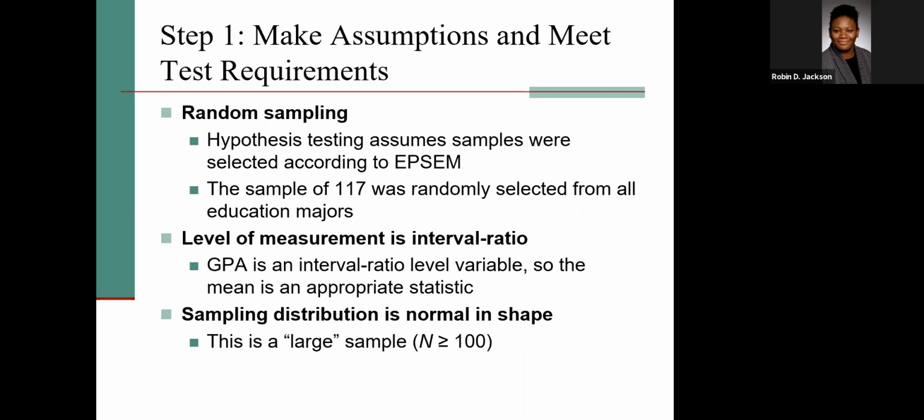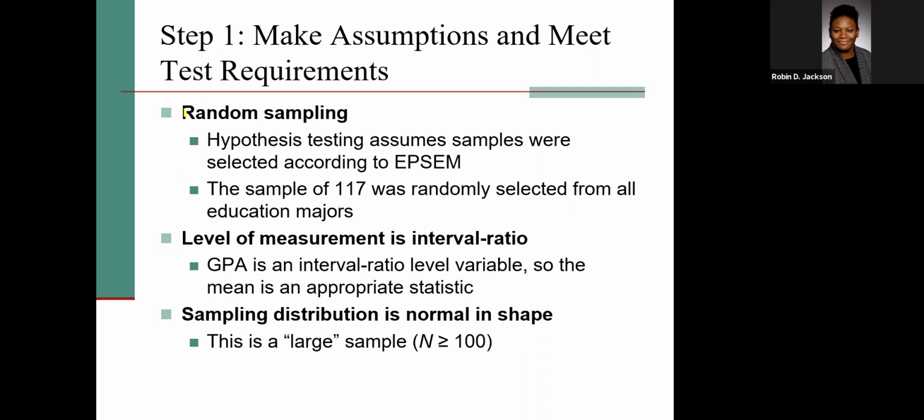Okay, let me back up. Step 1, you have to make these assumptions. There are 3 assumptions that you actually have to make when it comes to a hypothesis test. You can't just go out there and say, I'm just gonna go do a hypothesis test, even though that's essentially what we're doing when we practice these problems. But in reality, when it comes to research, there are certain assumptions that have to be made.